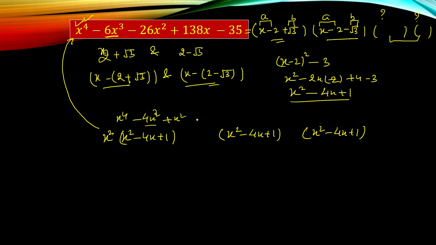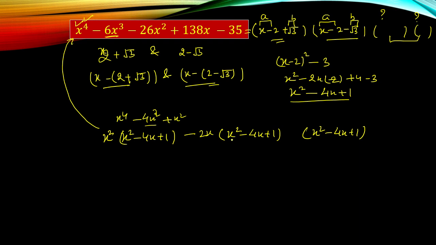4x cube we have. If we are anyhow getting minus 2x cube, so minus 2x cube minus 4x cube will give us minus 6x cube. Our task must be completed. But now 2x cube we need. How can we get it?